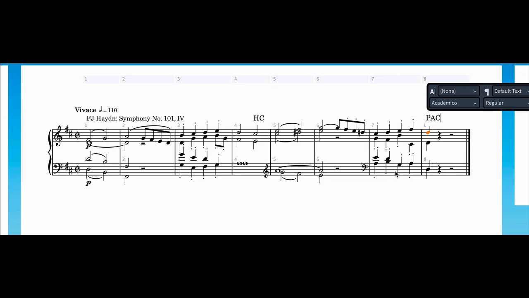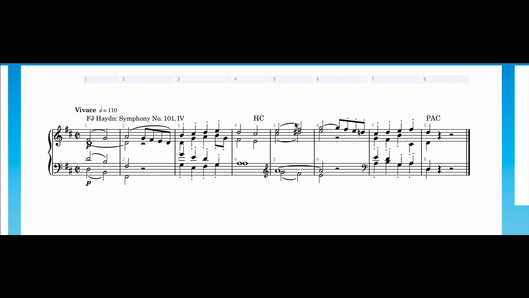I suppose it could be open to interpretation because he uses an escape tone here, a strong escape tone before getting to the tonic. It's Haydn. It's rather quirky. It's the fourth movement of Symphony 101, so it's going to be a very kind of jovial piece.